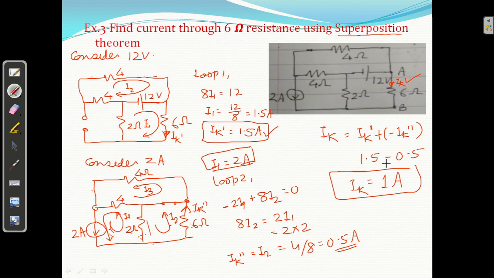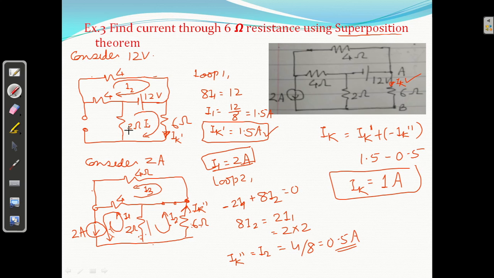So from here also I got 1 ampere from the superposition theorem. So please be careful about it. How to apply the superposition theorem? First step is what? We will remark the actual current. Second step is what? Consider one source at a time and remove the other one. Other one कैसे निकालना है?